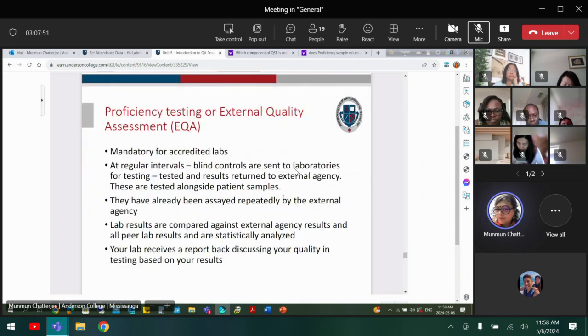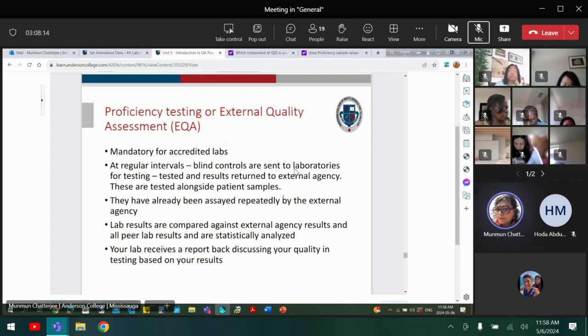Now, what is proficiency testing, or external quality assessment? Both are the same. Proficiency testing is what I described to you. Blind controls are sent to laboratories for testing. The blind controls are tested and the results returned to the external agency.